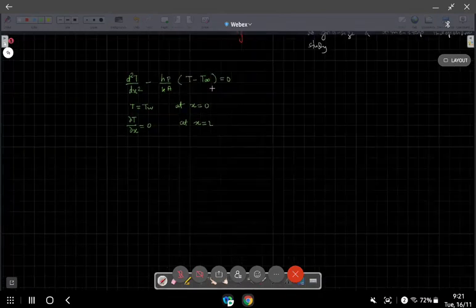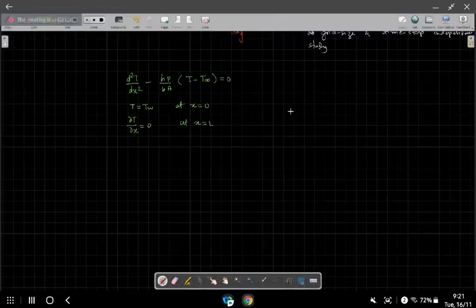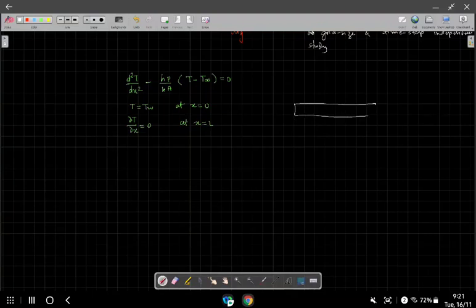And this is a fin equation. So we have to draw a geometry of that fin. The rectangular fin is given, and we have to divide this into, since this is a 1D region, we'll divide it into I number of points.